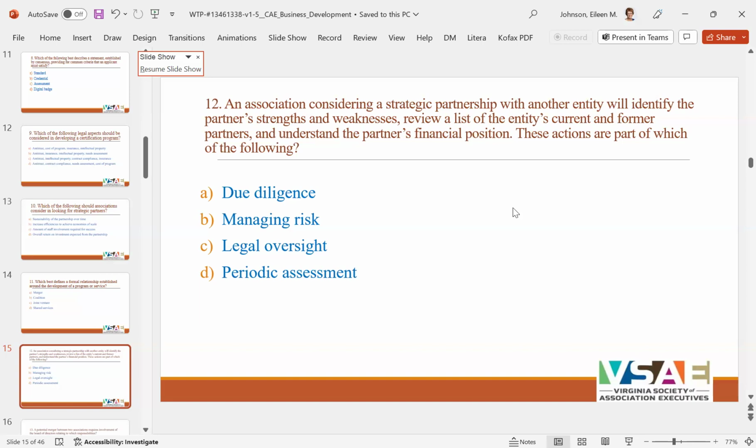Again, I would eliminate C and D. Legal oversight, I don't know that you're getting into legal things when you're just in the considering stage. Periodic assessment, you're just at the beginning of something, so this isn't periodic, this is the first one. So that leaves me with due diligence and managing risk, and I'm leaning more towards due diligence.